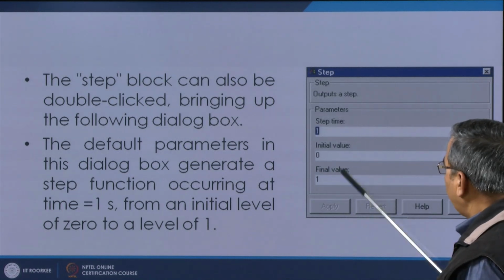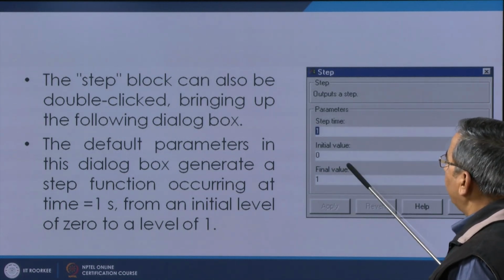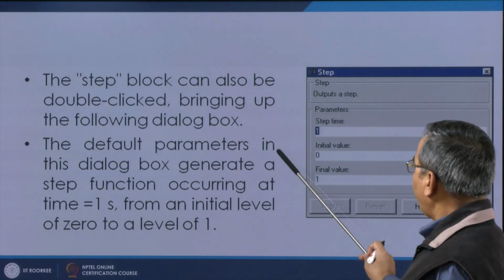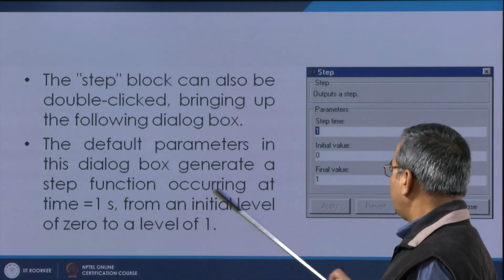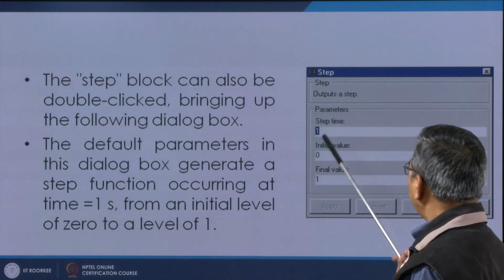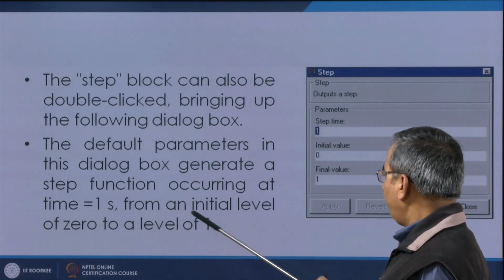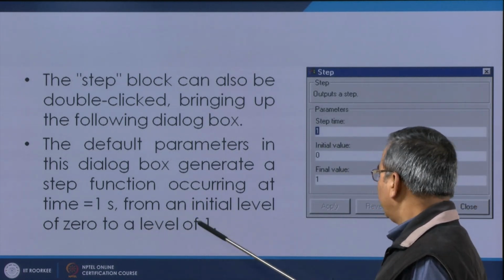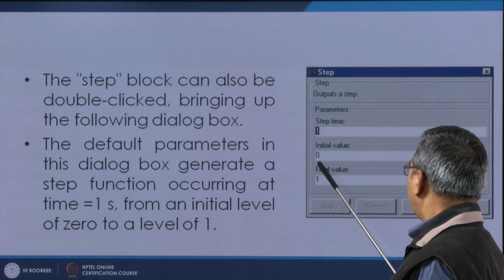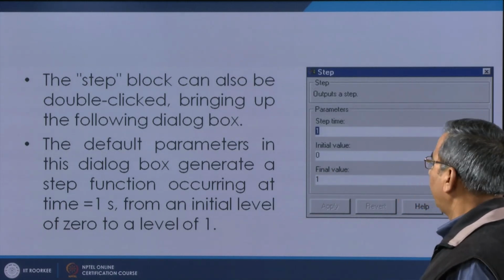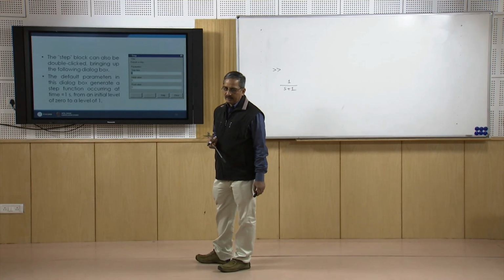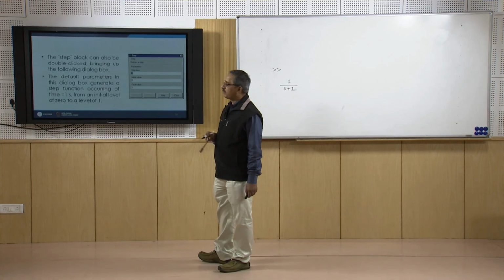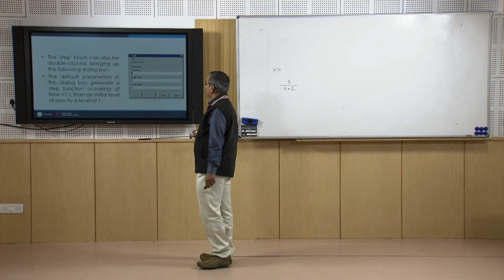So, here we can modify it. The default parameters generate a step function occurring at time 1 second, from an initial value of 0 to a final value of 1. So, this way we can set up the source.